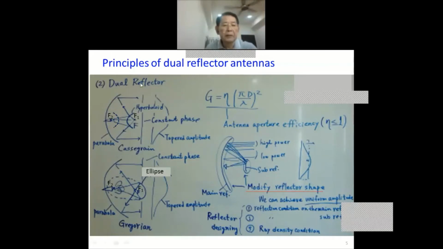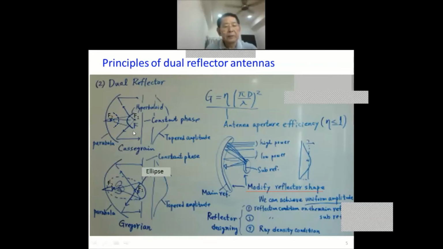However, in this dual reflector, this is the main reflector, a parabola, and this is the small reflector, sometimes called the sub-reflector.